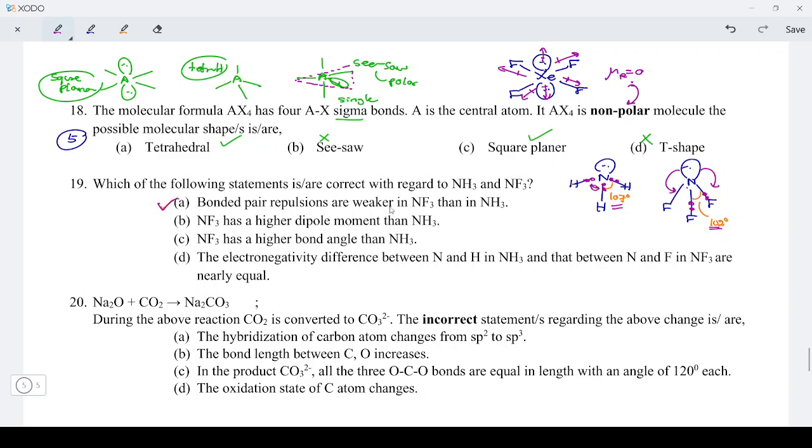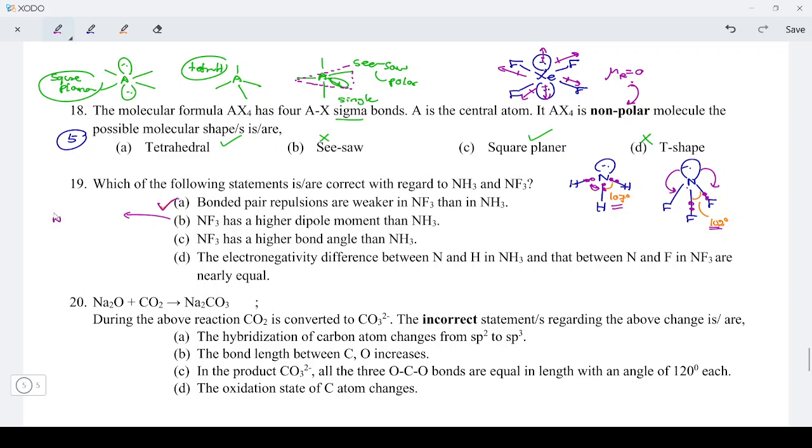Bond pair repulsions are weaker in NF3. Okay, when bond pair repulsions become weaker, lone pair repulsion will become dominant and push the bond pairs towards each other, which makes the lower bond angle, because we check the bond angles using bond pairs. No, NF3 has a higher dipole moment. That is also a very common thing that you miss.